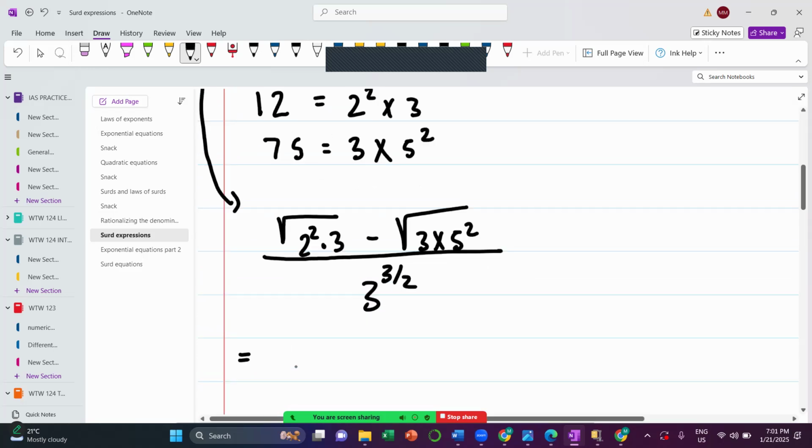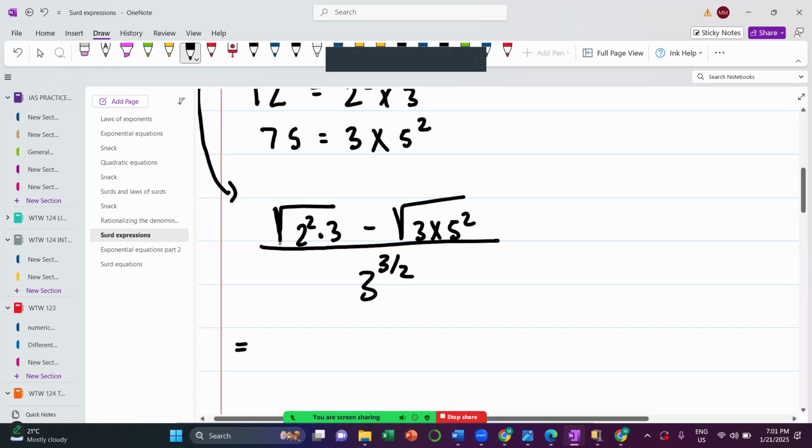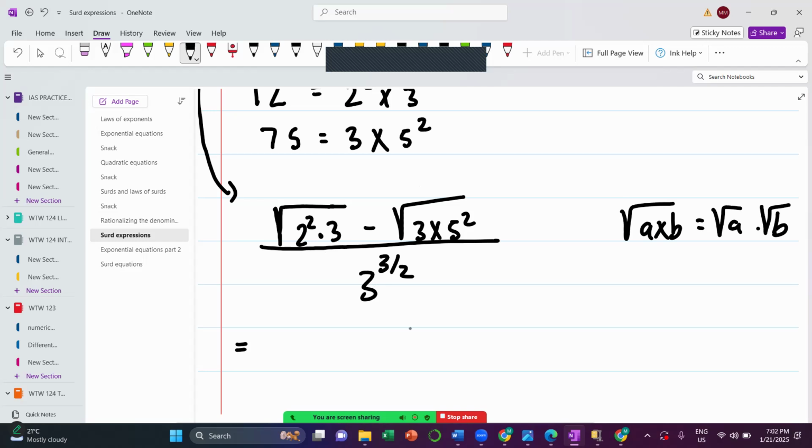Now I see I have a set of numbers multiplying each other inside. Remember, I have this law: the root of a times b is equal to the root of a times root of b. So I'm going to have the root of 2 squared times the root of 3 minus root of 3 times root of 5 squared all over 3 to the exponent of 3 over 2.